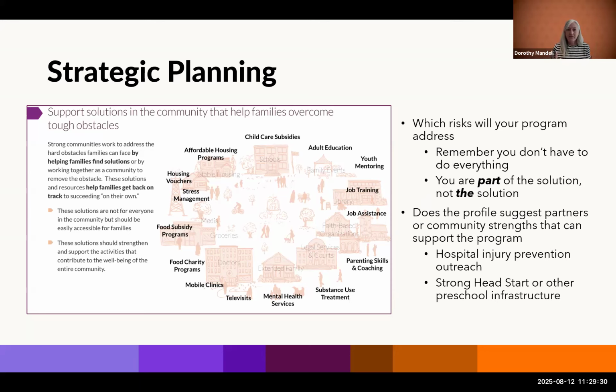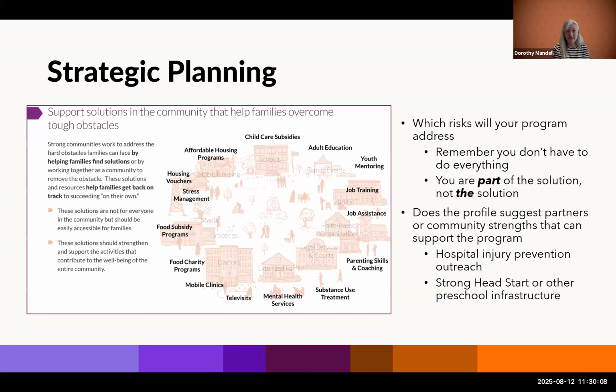And like I said, you are going to be addressing a risk, and doing the needs assessment is part and parcel of you making the decision about what risks your program is going to address. And one of the things that I do tell community organizations, especially ones who are really focused on strategic planning around one particular intervention, or strategic planning around their home visiting model, is that it's important to remember that you're part of the solution, not the solution.